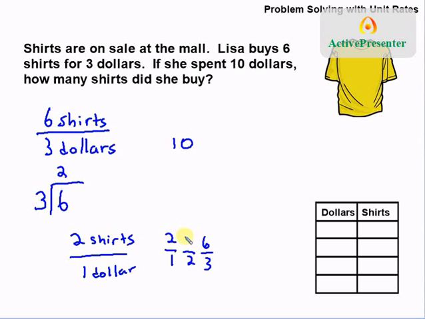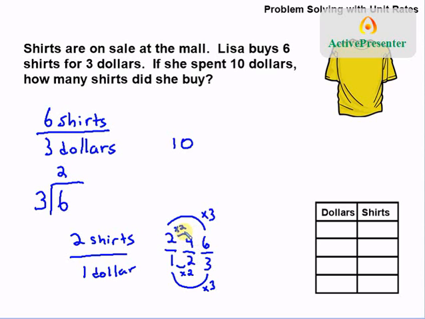Well, we know that these are equivalent ratios. We multiplied 1 by 3 to get 3, and we multiplied 2 by 3 to get 6. What would we do if we multiplied by 2 instead? That would allow us to multiply the top by 2 as well, and we would get 4 over 2. So 4 shirts for $2.